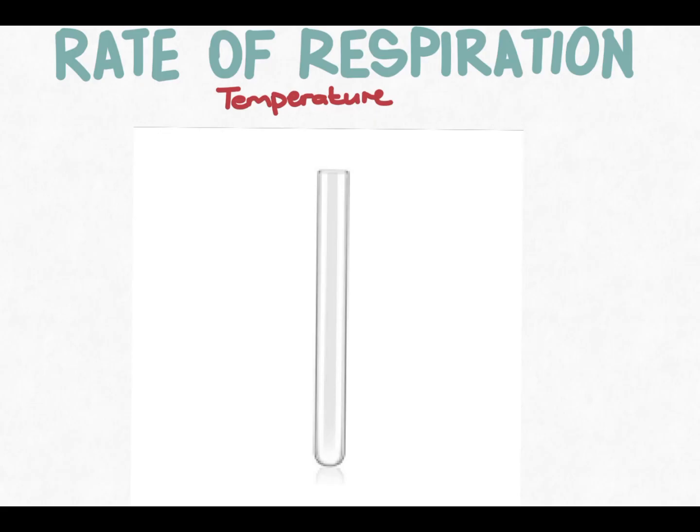In this experiment, we will have a test tube. We can then add yeast into this test tube. Yeast is able to respirate both aerobically and anaerobically. In this case, it will respirate aerobically. We can then add methylene blue indicator to the yeast solution.